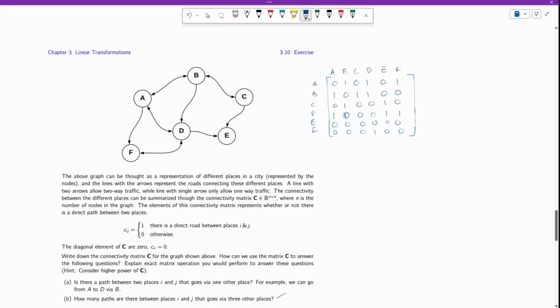Is this I and J? Okay. Let's try and find out. How many paths do we have between A and B? Okay. I need to think about this.